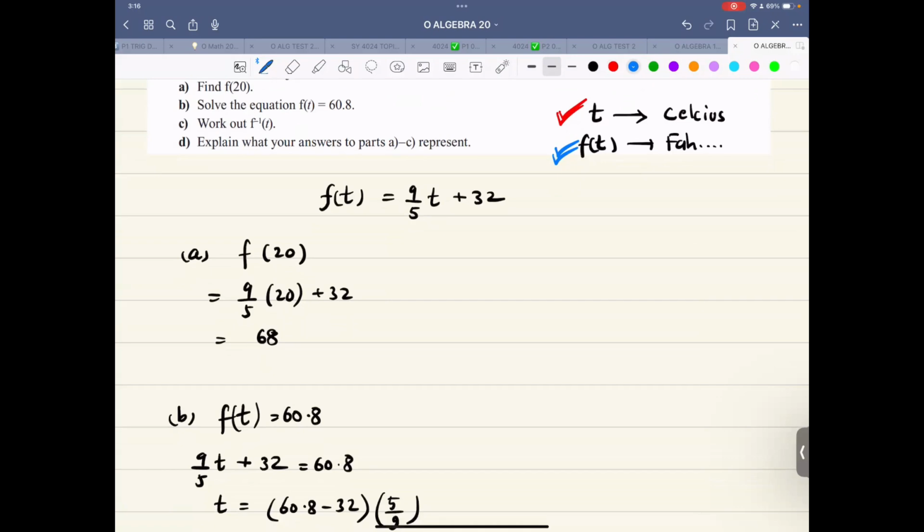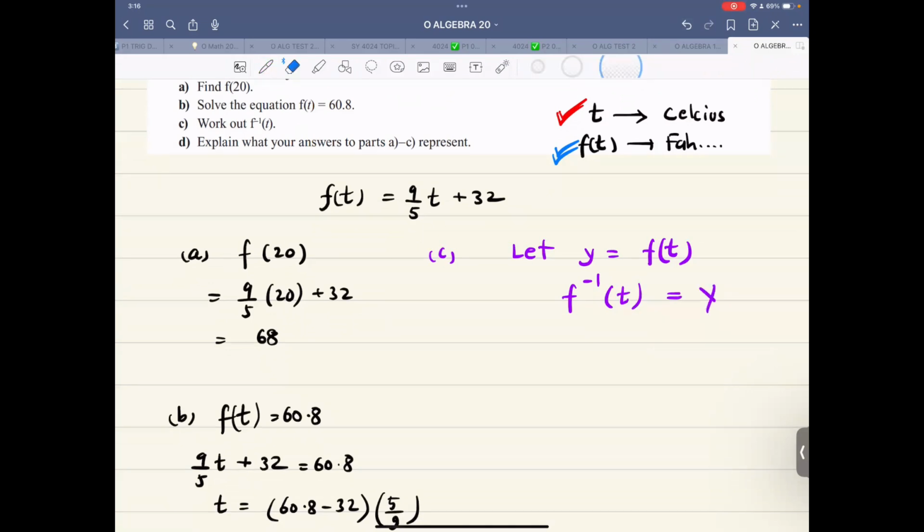Work out f inverse of t. That's another nice question. Part C, f inverse. Let y be equal to f of t. First, we used to write f of x, now it's in terms of t. What's the big deal? I'm just mixing up the things. Hold for a second.